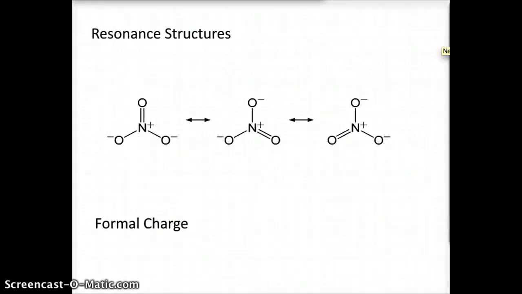Some Lewis structures have things called resonance structures. Resonance structures are Lewis structures of the same compound with bonds in different places. For example, these are all Lewis structures for the nitrate ion, NO3-.